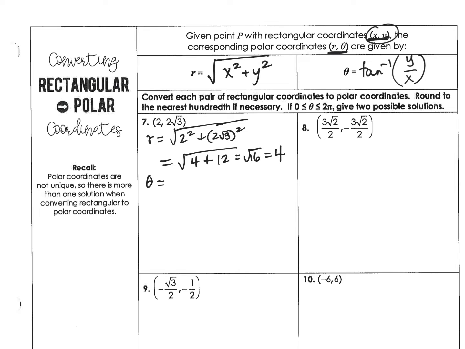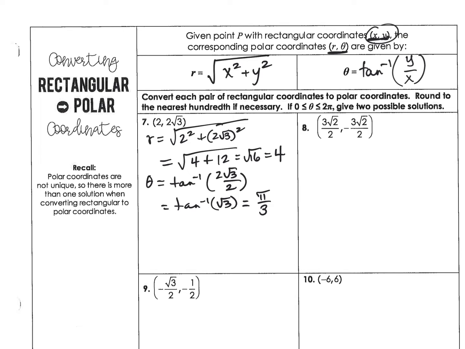Now to find theta, we're going to do the inverse tangent of y over x, which is really the inverse tangent of root 3. Where is tangent root 3? Tangent is root 3 at pi over 3 and 4 pi over 3.